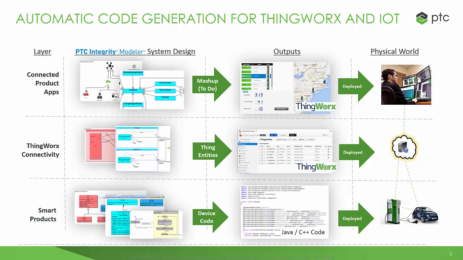And at the top level of the architecture we can design the whole kind of user experience and the functionality expected, and also the context of the system, which leads nicely into the mashups and applications that need to be deployed for the control centers, for example. And we can automatically then from those models generate the code and the items that are needed for connectivity into the ThingWorx stack, which are then eventually deployed into the physical world.